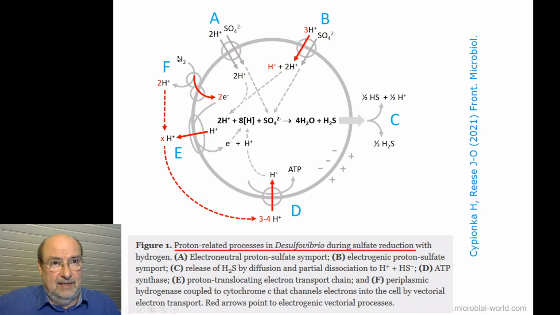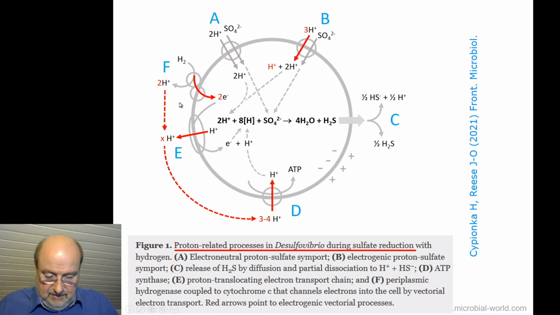And when the hydrogenase oxidizes H2, it forms protons, which are staying outside of the cytoplasm, and channels via cytochrome c the electrons into the cell. That means there's an electrical charge separation, not by proton translocation, but by electron translocation. And this is named the vectorial electron transport.